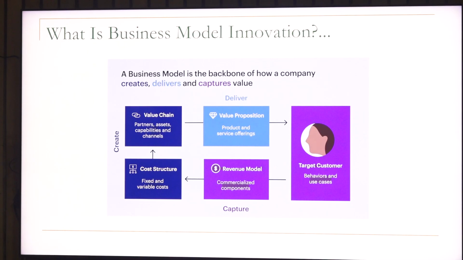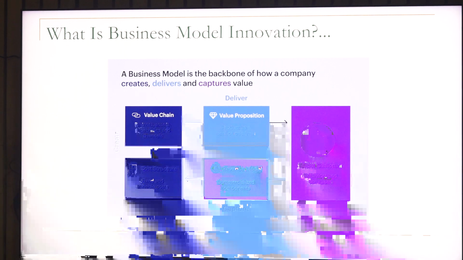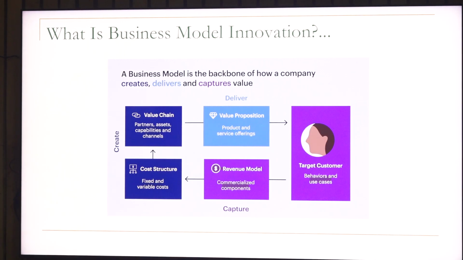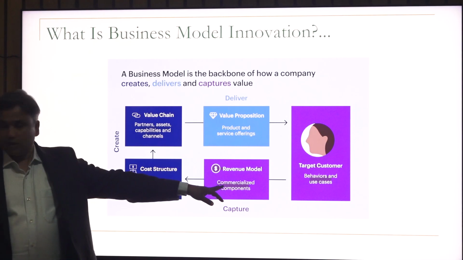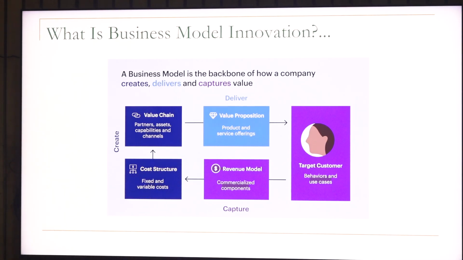Ultimately, if it is a product which is much in demand, or a very innovative product, generally we can price it relatively higher. So how we are deriving money, how we are deriving funds, and then how we are determining our cost structure.